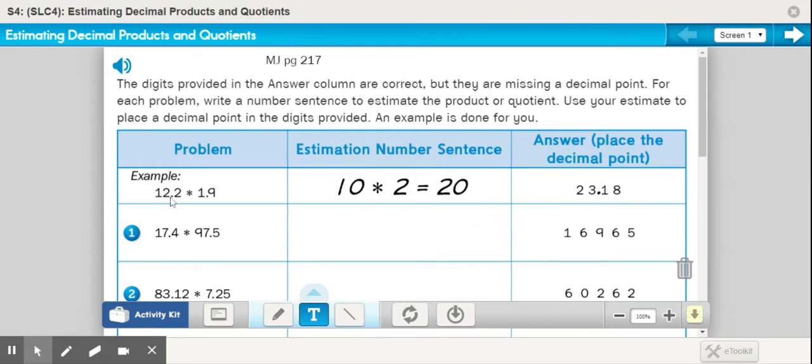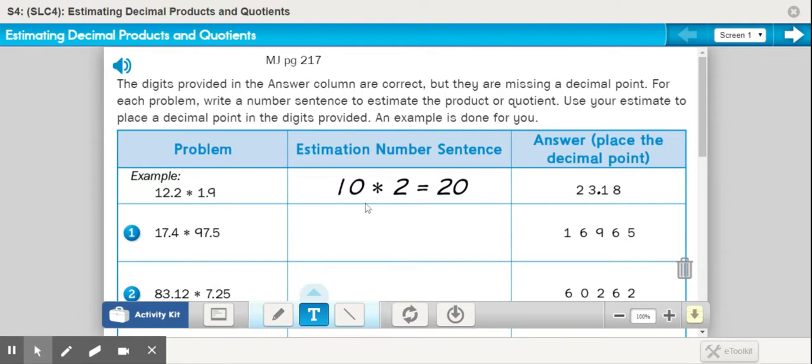I have 12 and 2/10 times 1 and 9/10. So they took 12 and 2/10 and they rounded it to 10. That 2 has the 1 stay a 1, so it's just 10. They took 1 and 9/10 and they rounded it to 2. That 9 tells the 1 to go to a 2.